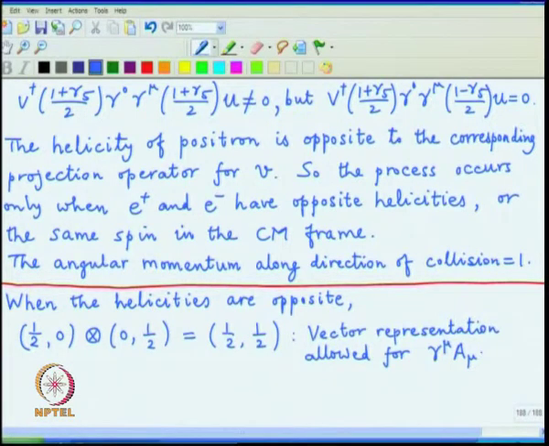That is the coupling of the electromagnetic current to electron and positron.